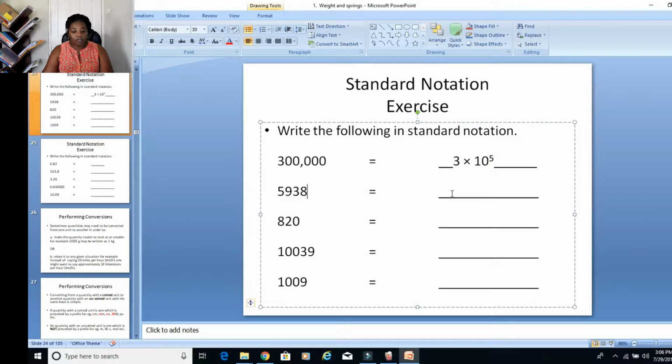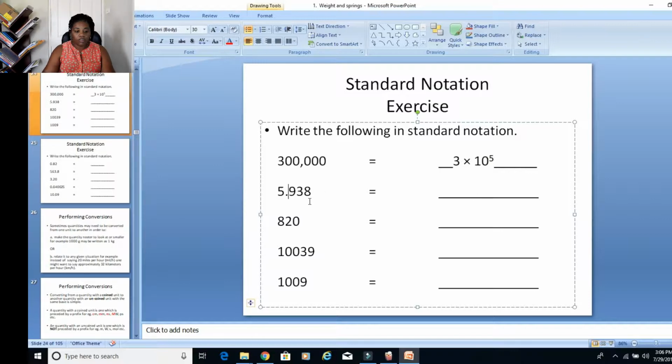If you end up with 5.9, the 9 is greater than 4. If the number to the right of the decimal place is 5 and greater, you would bump up the whole number here.